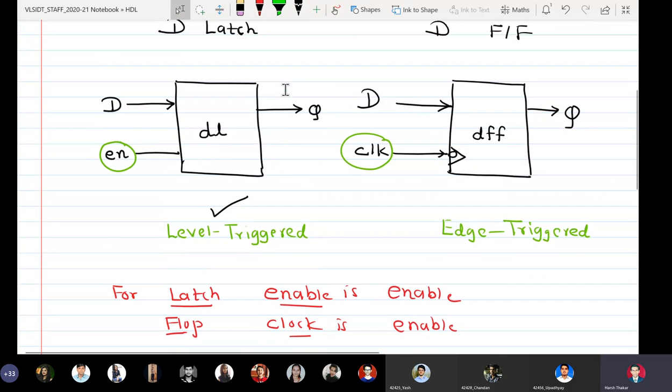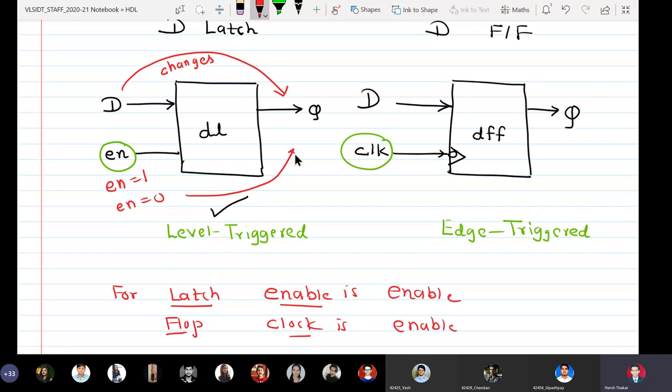In this diagram, the enable bubble is not shown, so the latch is active high enabled. That means as long as EN equals 1, all the changes in D will be transmitted to Q. Getting me? And when EN equals 0, Q remembers itself.